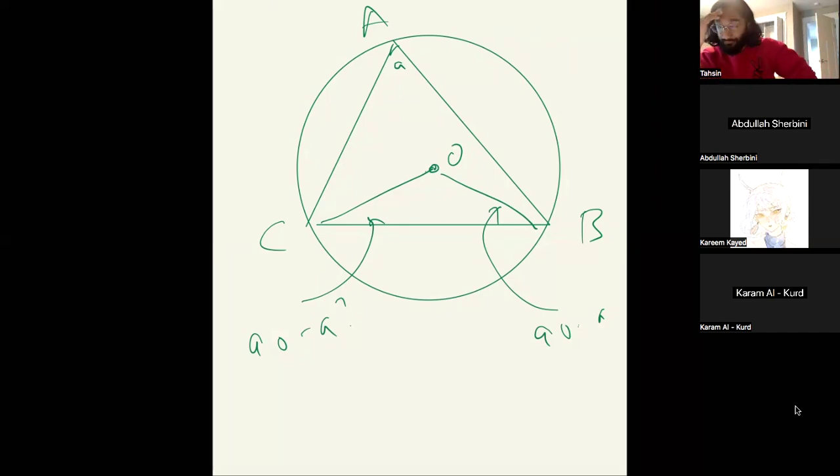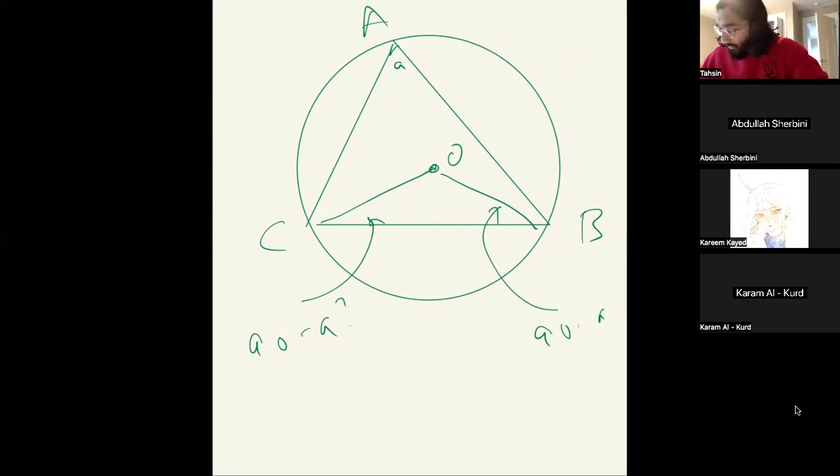Great. You should think about this picture. You should know all the angles in this picture. If I draw a triangle and its center, this is an exercise you should do on your own, but we can do it here.